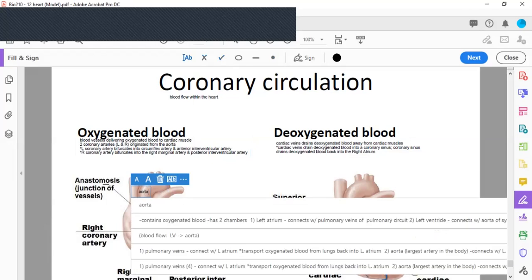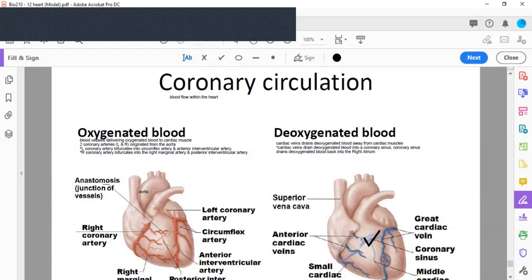And in this case, it's going to be the aorta as well. So the left coronary artery emerged from the aorta, and the right coronary artery also emerged from the aorta. So we can say that the two coronary arteries originated from the aorta.